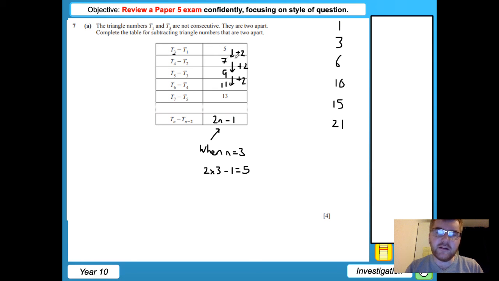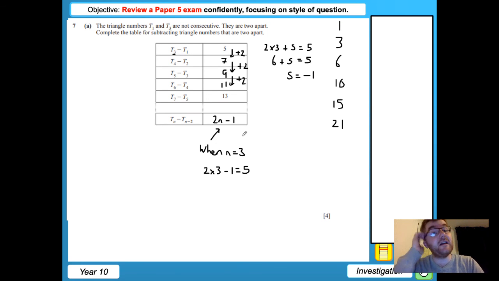The way I thought about this is, I need something 2 times 3 plus something, let's just call it s for my name, is equal to 5, and so 6 plus s is equal to 5. I need to work out what this s is, this thing we take away each time, and that has to equal minus 1. It's probably not the best letter to use, it kind of looks like my 5s. So this is not going to be 2n plus 3, which is the most common mistake made here, but in fact it's going to be 2n minus 1.